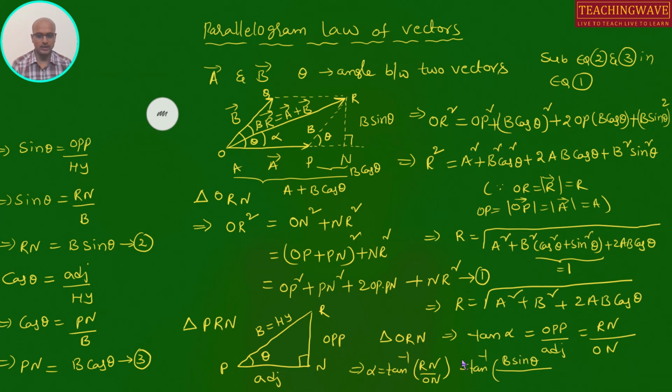Therefore, alpha is equivalent to tan inverse of B sin theta by A plus B cos theta.